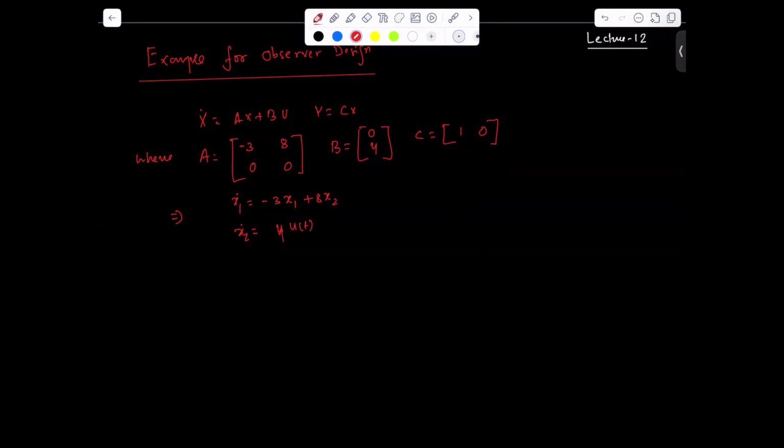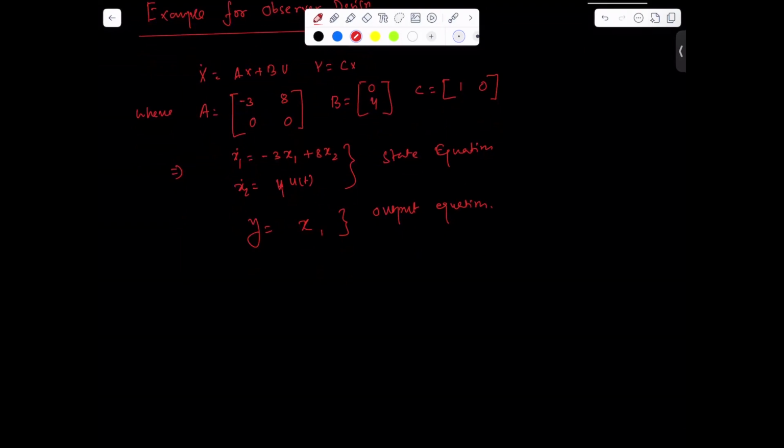This is the state equation, and the output equation is y equal to x1. If you notice in this equation, there is no x2 component in the output equation.